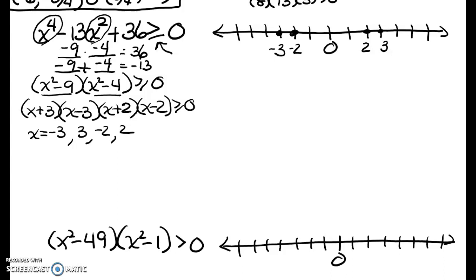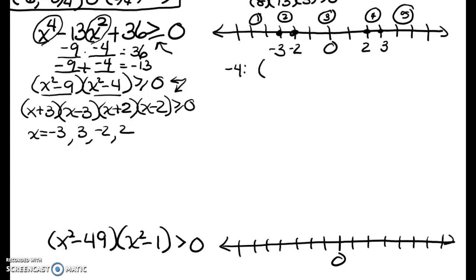So again, I'm going to use my factored form here. Actually, I think I'm going to use this one. And I have 1, 2, 3, 4, and 5 regions to test. So we got to hop to it. So I'm going to say negative 4 on this.